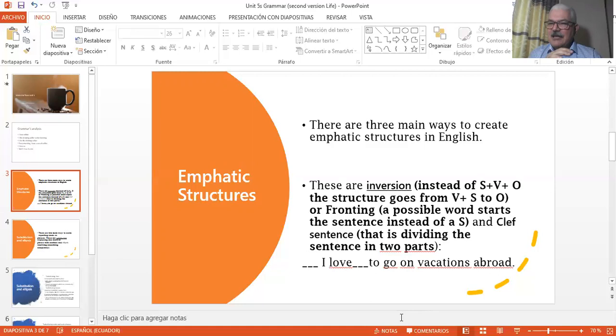This is the normal way. I will say, I love to go on vacations abroad. But if we want to make emphasis to this, we can divide the sentence into 2 and include other words in these 2 places, okay?